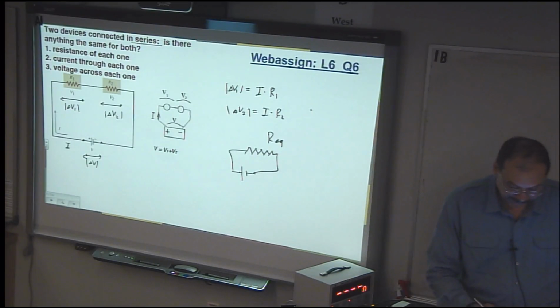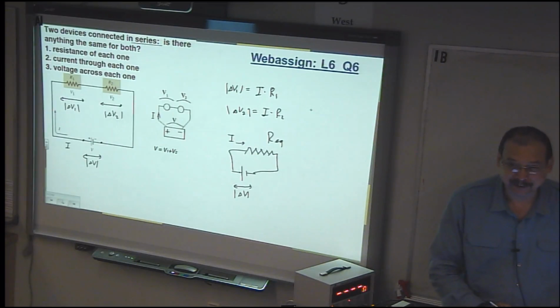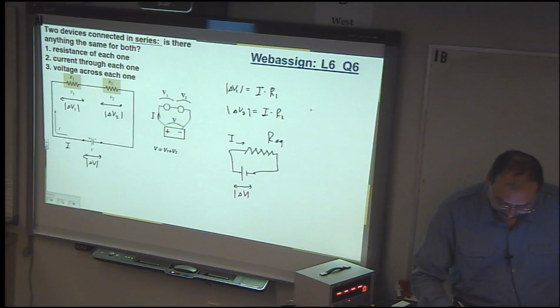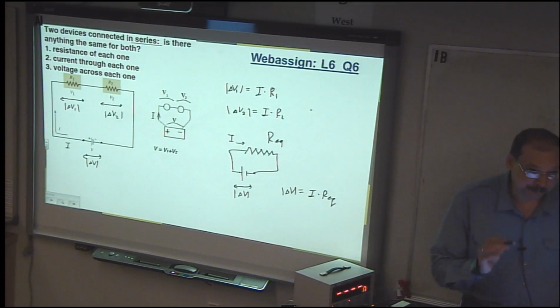We call it equivalent because we want this resistor to experience exactly the same electric current when it is connected to exactly the same battery. That's what this word means, equivalent, in this context. So this is the relationship we can write for the equivalent resistor.